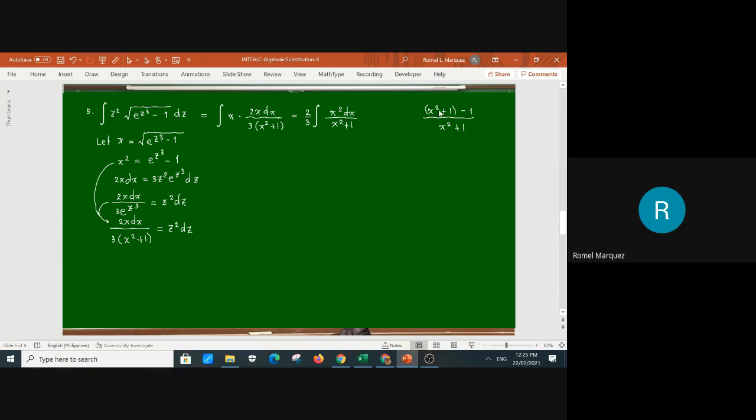Then x squared plus 1 divided by x squared plus 1 is equal to 1, then minus 1 over x squared plus 1. So this integral now is equal to, guys, what is that equal to now?